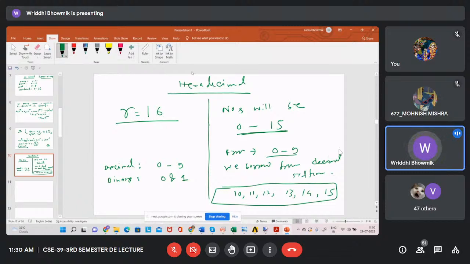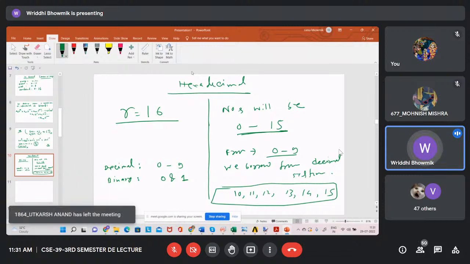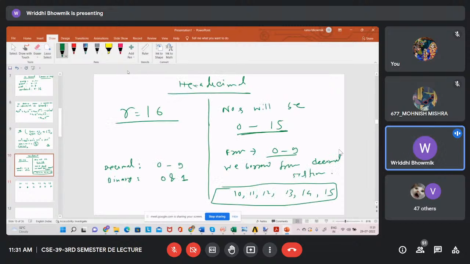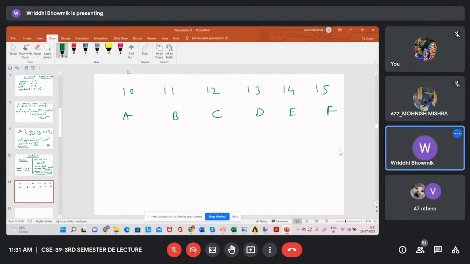So in the hexadecimal system, we have the numbers from 0 to 15, and out of these 16 numbers, 0 to 9 will be borrowed from the decimal system, and the rest of the numbers, that is 10, 11, 12, 13, 14, 15, will be represented by the letters A, B, C, D, E, and F.